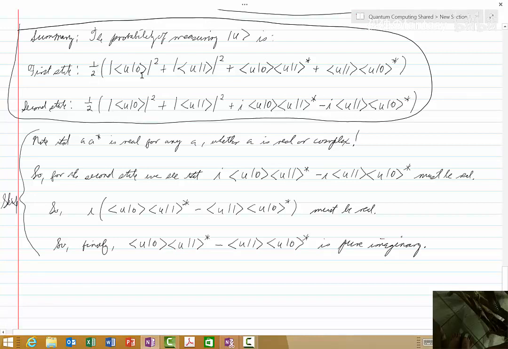The first expression would just be these terms, the second expression would just be these terms, and those are identical. So if u were only the 0 vector, we would get the same probabilities, which is what we saw above.